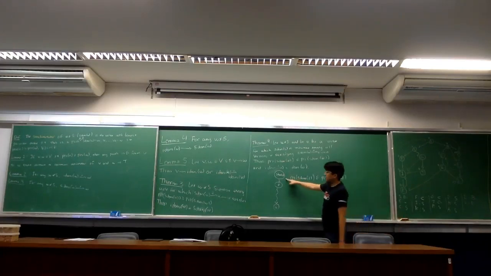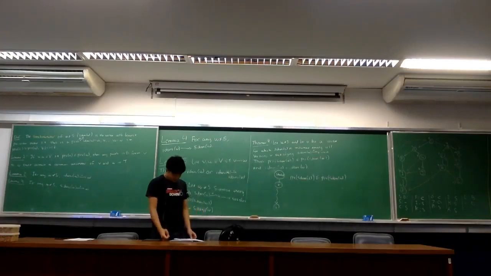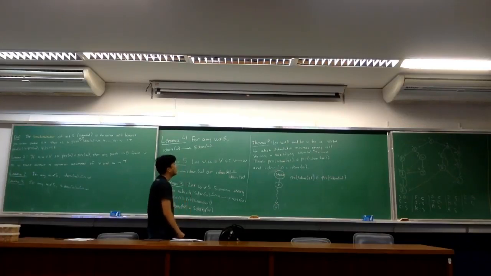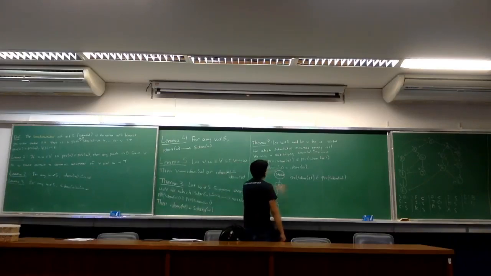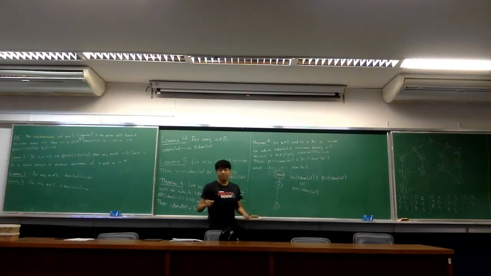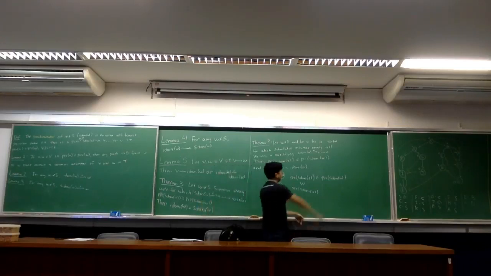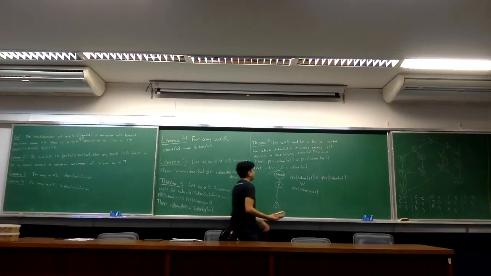Because this guy is a candidate for semi-dominator of this guy. Yeah, but U is chosen so that this value is minimal, right? So we actually have this. And yeah, here we go. Fairly easy. Okay, that one's the hard part.